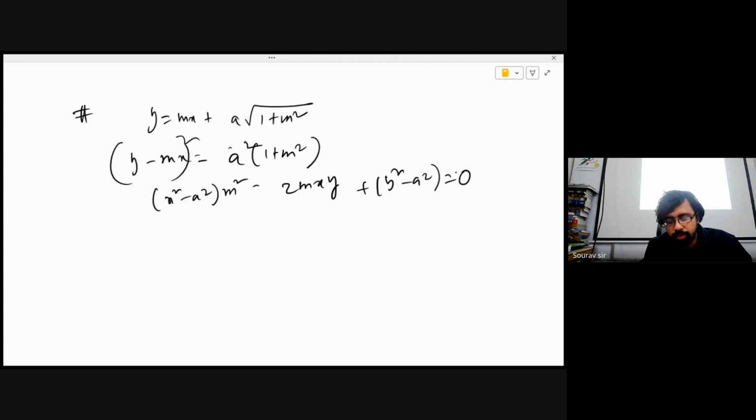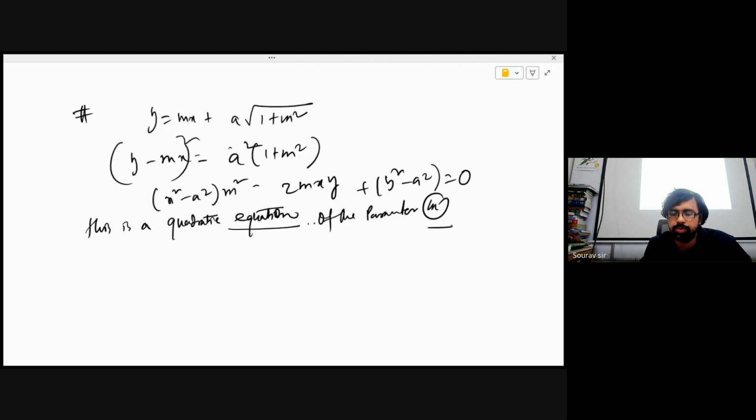This thing, y square minus a square. So this is a quadratic equation, a quadratic equation of the parameter m. m is playing the role.